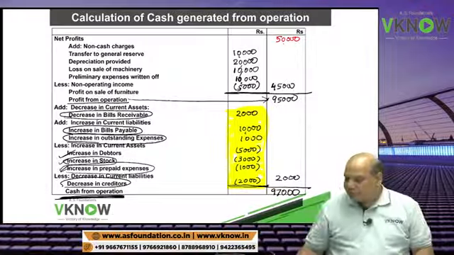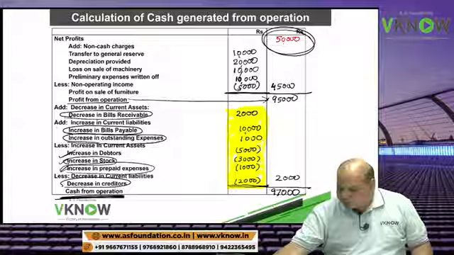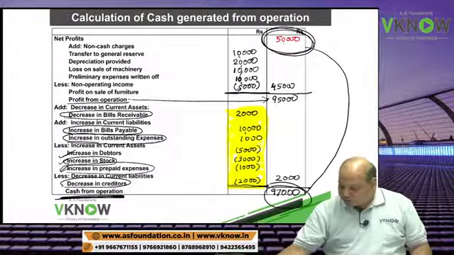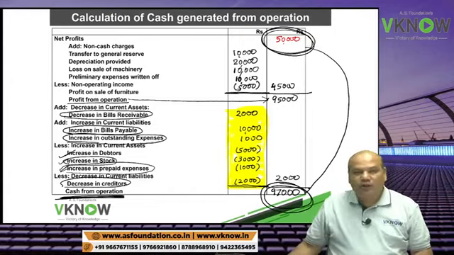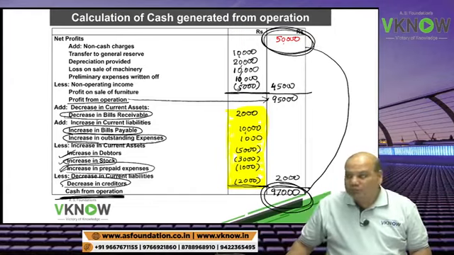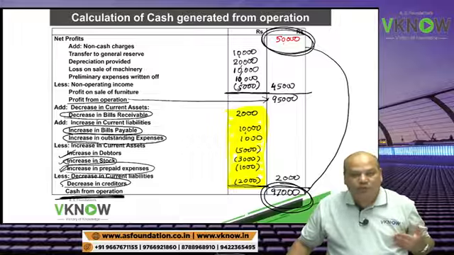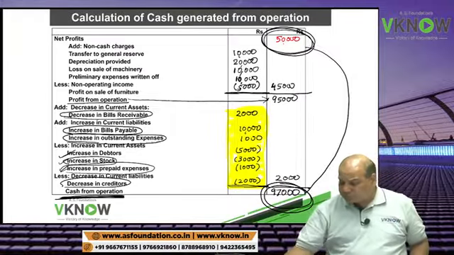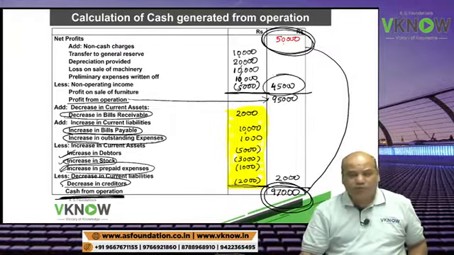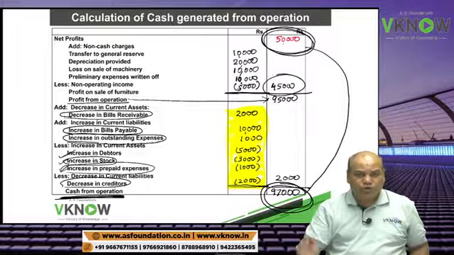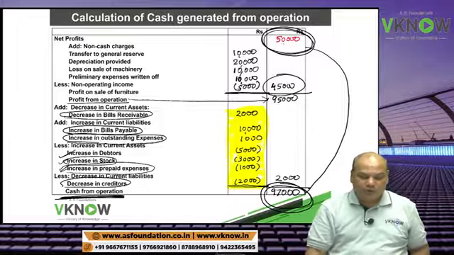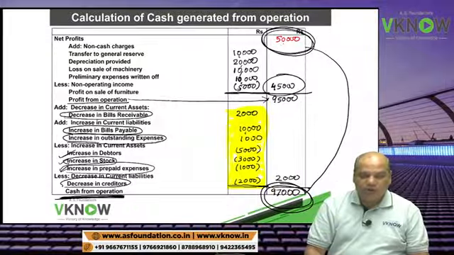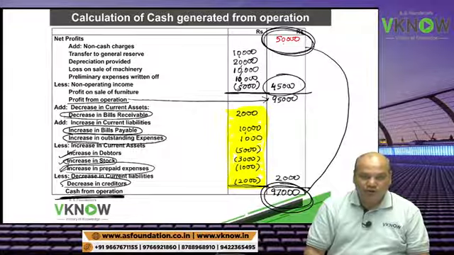This means this company is showing profit of 50,000 from operation, but actually the cash flow it has generated is 97,000. So that's a good sign. That shows the company is able to have more operating cash flow than the profit it is showing. One major reason is non-cash items, because non-cash items reduce the profit but do not reduce cash flow.